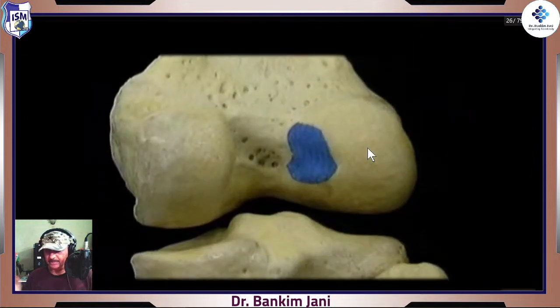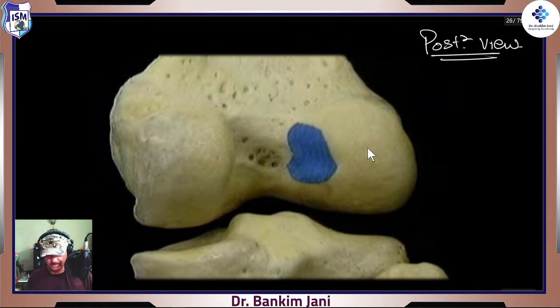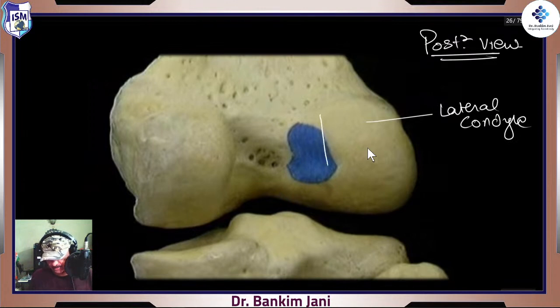And here it is. This one is the posterior view. This entire posterior view, and this is the lateral condyle, correct? In that lateral condyle, we say this is the inferior part, this one is superior, and this one is condyle.